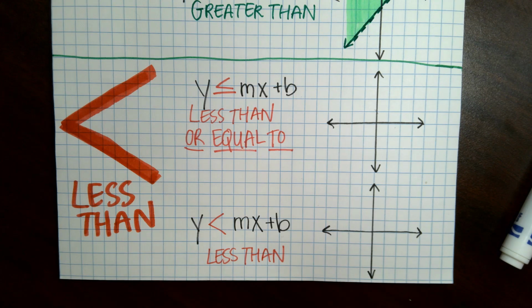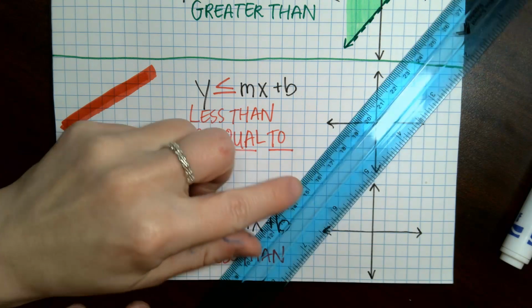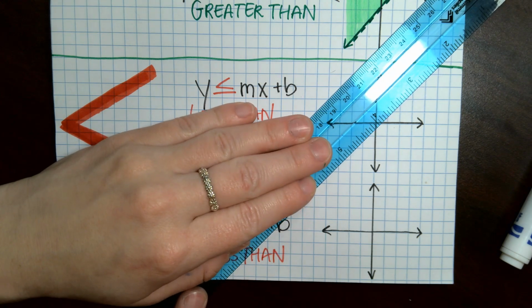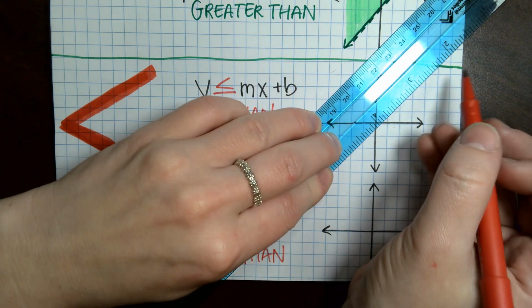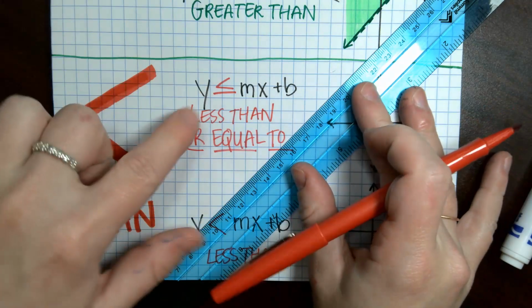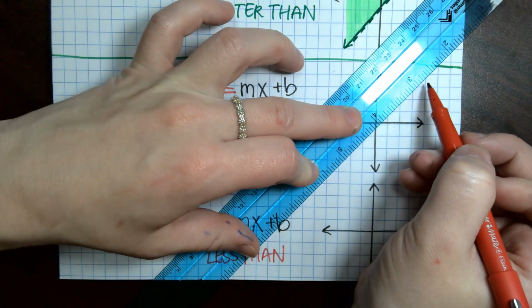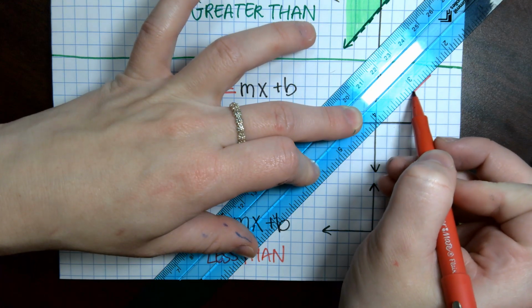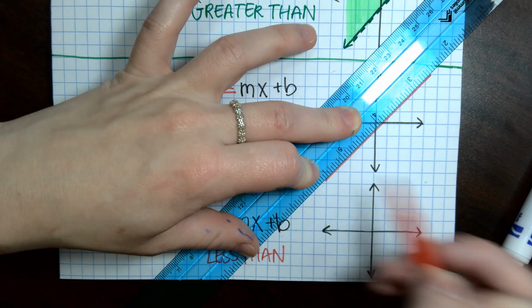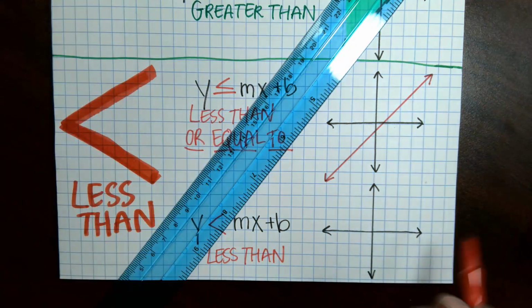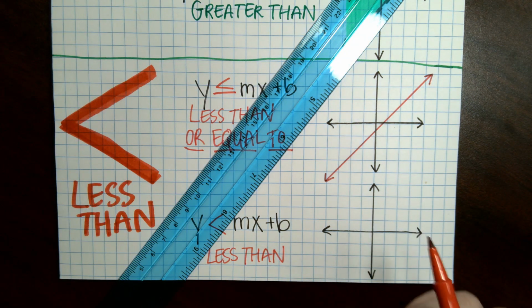Okay, so for the less than or equal to, we're going to draw a similar line to what we drew above. And is our line going to be dotted or solid? Solid. This one is less than or equal to. So to make sure that we know that it could be equal to the line, we keep it a solid line. So that's kind of the terminology that we use here. We say dotted or solid.